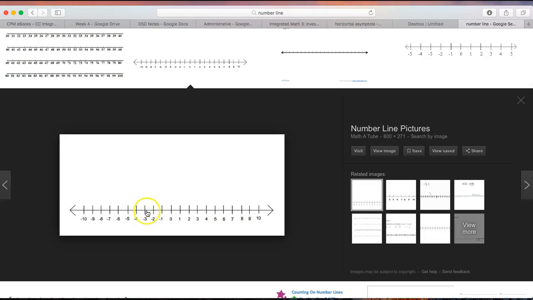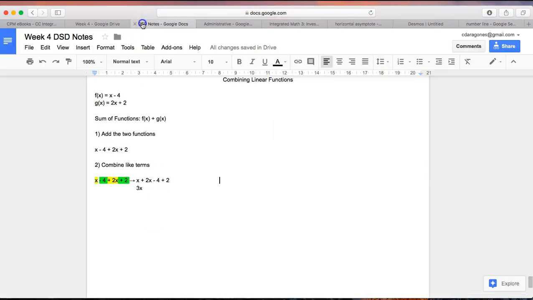So 1, 2, and I'm at negative 2. So 3x minus 2. So my function f of x plus g of x is now one function, 3x minus 2. I took two functions, added them together, and made one function, 3x minus 2.